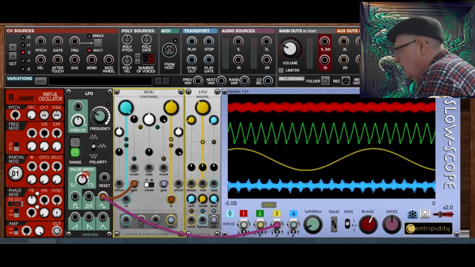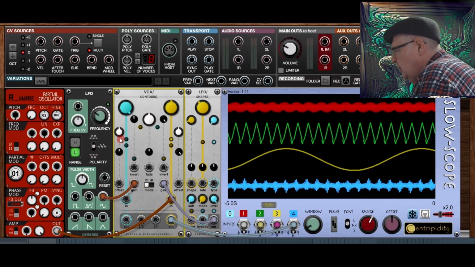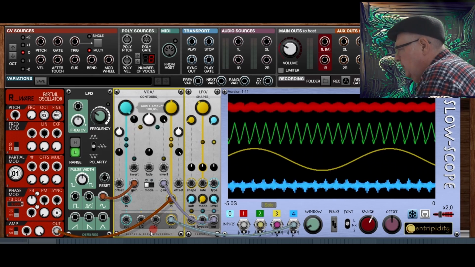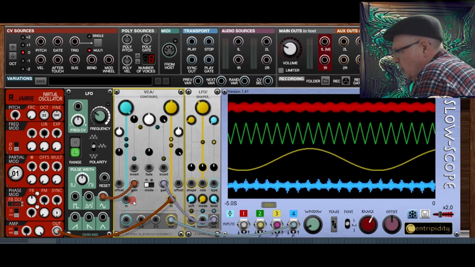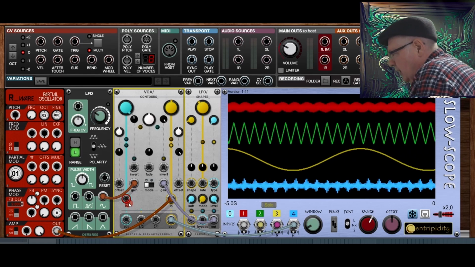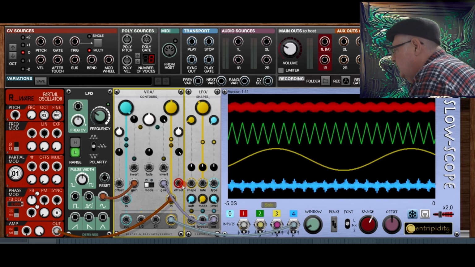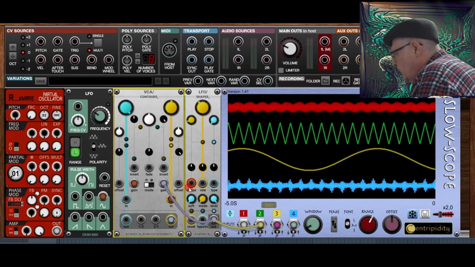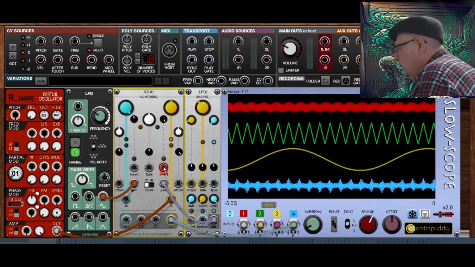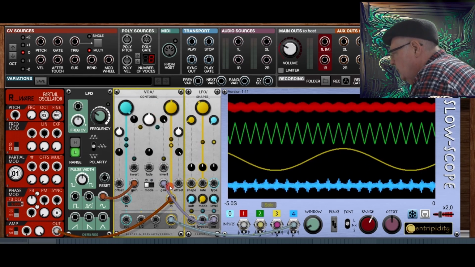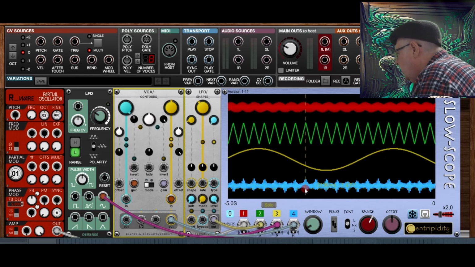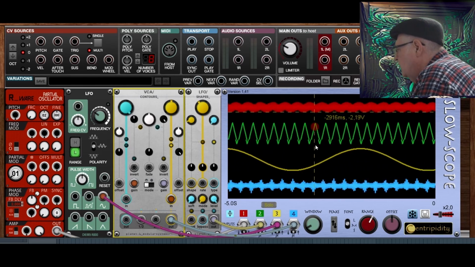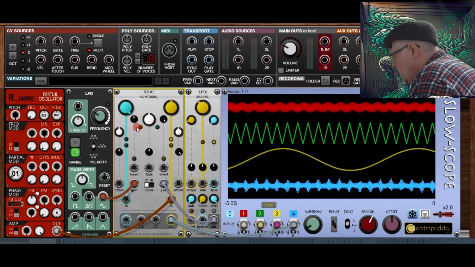So the LFO here, the green one, the Cherry Audio one, modulates only the left gain, which doesn't matter because once again there isn't anything patched into it, and the right LFO modulates only the right unit. What we can see here is the triangle modulating the gain of this signal.